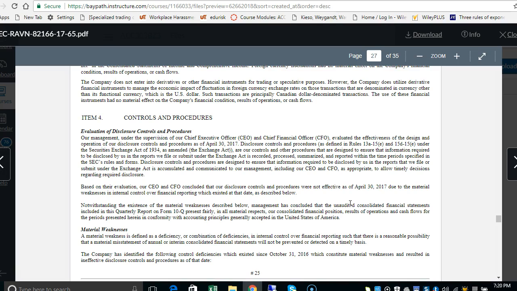So our management, under supervision of the CEO and CFO, evaluated the effectiveness of the design and operation of our disclosure controls and procedures.